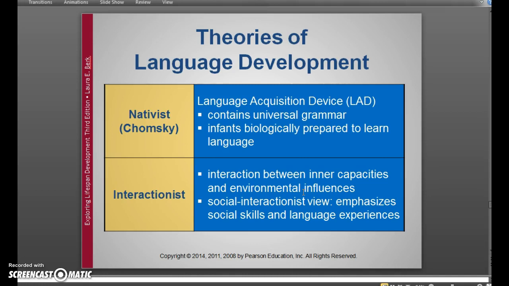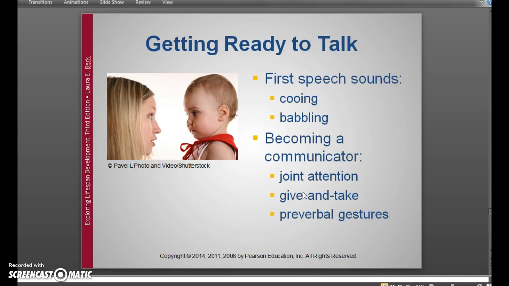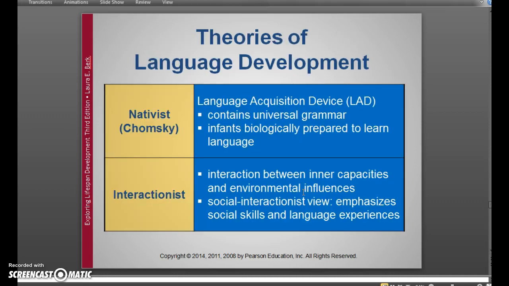And then there's an interactionist theory, meaning that through interaction between inner capacities and environmental influences, our language will develop. So, not saying that either one is right or wrong, both of them can apply to how our language develops.